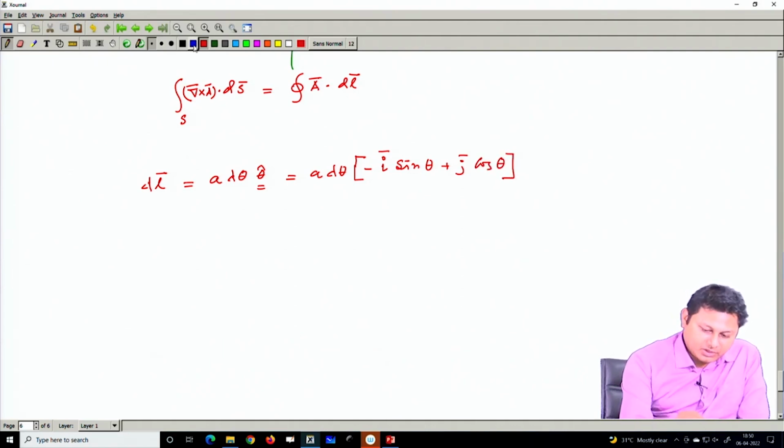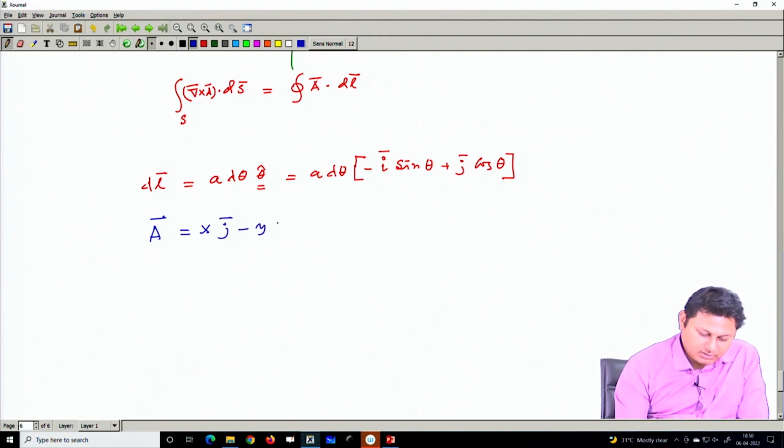Okay. So, now A is x j minus y i, which is a cos theta j minus a sin theta i.